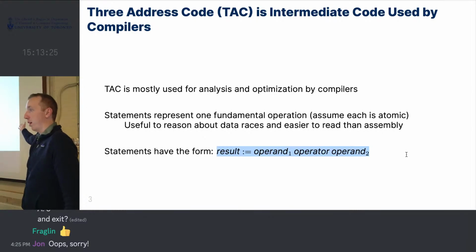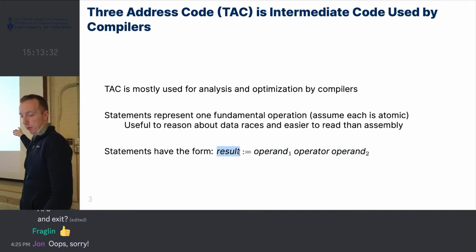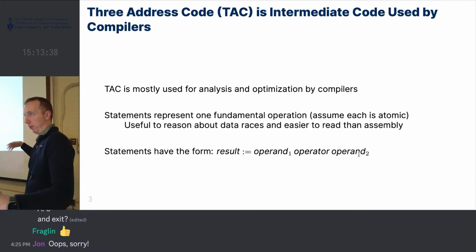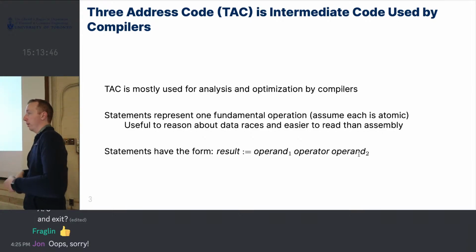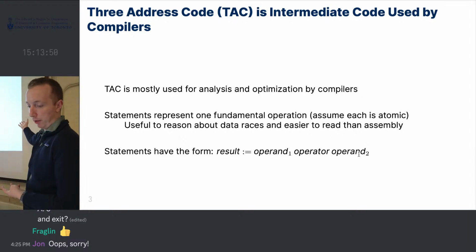This is as complicated as a statement will get. It will assign some value to the result, which can be up to operand 1, some operator, and then operand 2. So it can only deal with 2 things at a time. This can't represent something like 1 plus 2 plus 3 because that's too much for a single statement.